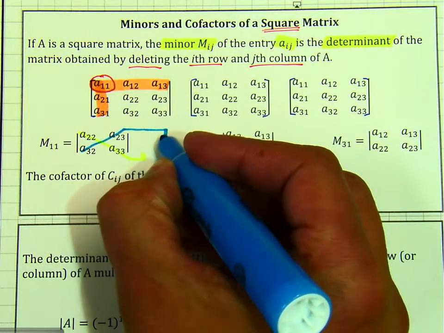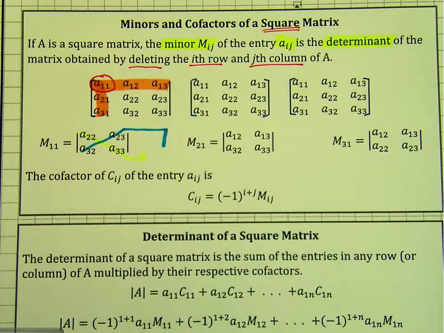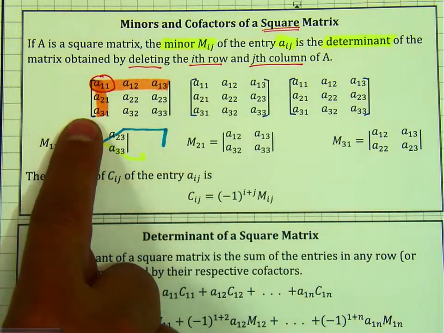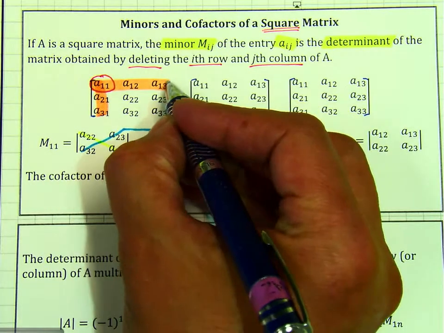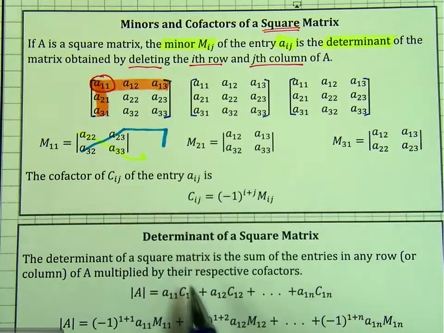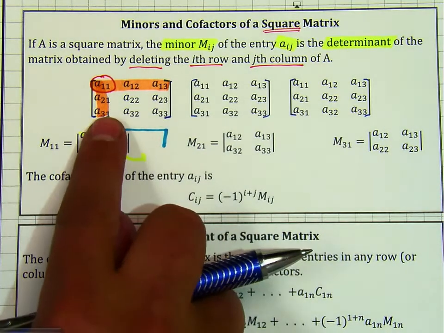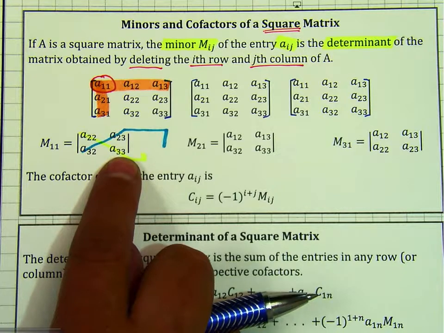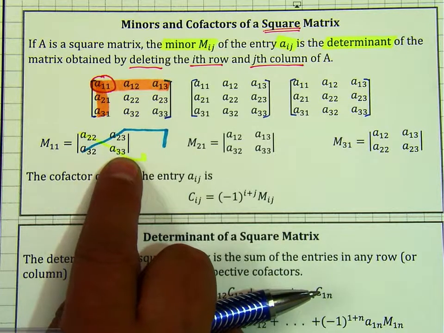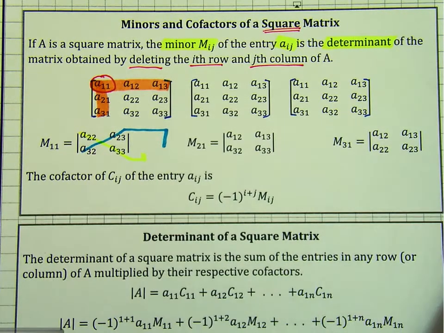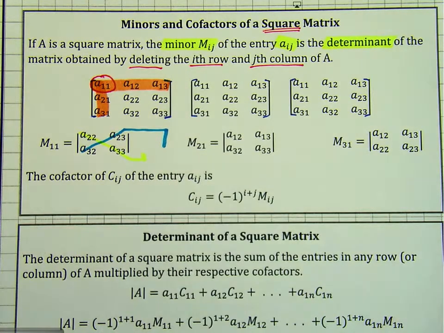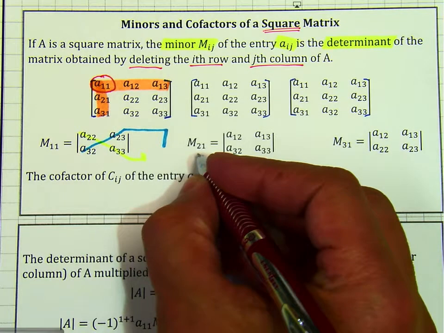We have to find the determinant of that matrix, and that's why you see the bars instead of the brackets. A bracket means that that's the matrix. If you have the 2 bars, it means that that's the determinant, just like example number 1. Now, to be able to find the minor of 2, 1, we're going to go through the same process. We're going to circle 2, 1.